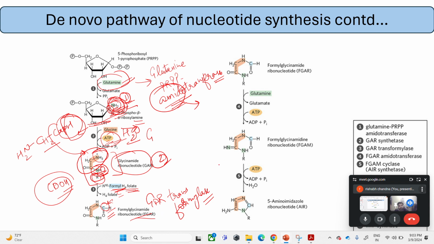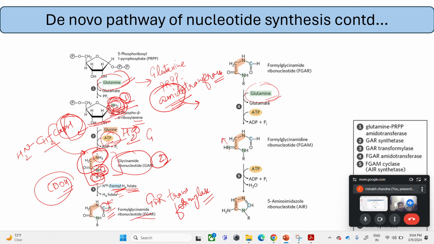Now this FGR is again attacked by glutamine, because as you remember, there is another nitrogen atom being attached to this ring. So the second ring formation is started here.